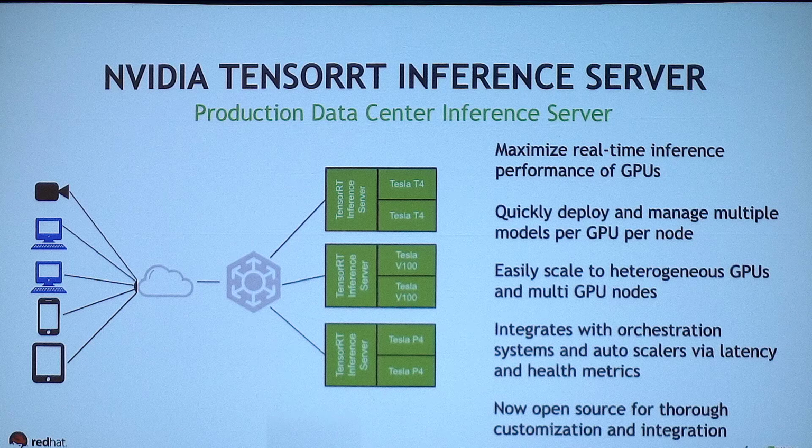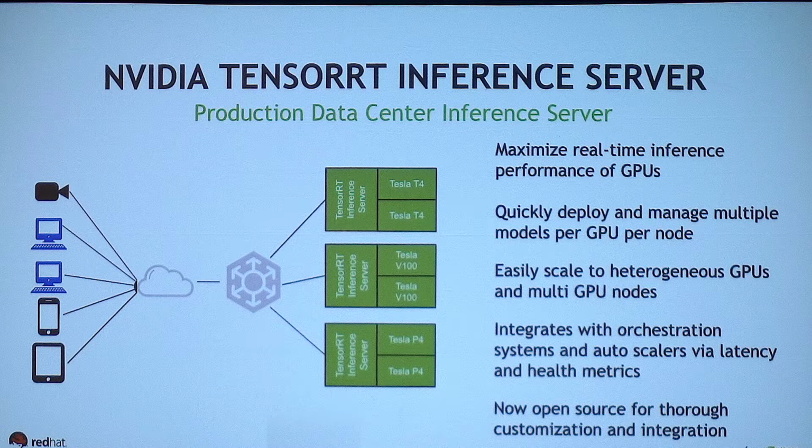This is just a quick high-level overview of the TensorRT inference server and where it sits in the ecosystem. Here on the left, you see the clients sending their requests into some cloud application, or several applications, it might be. Those requests are then sent to a load balancer, where the traffic is sent to the appropriate instance of the inference server.